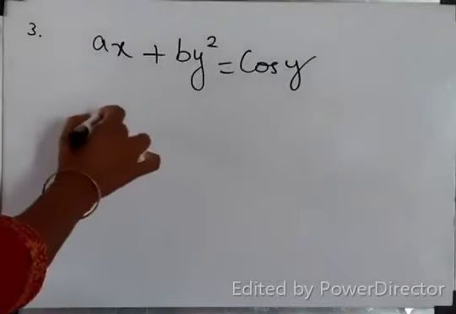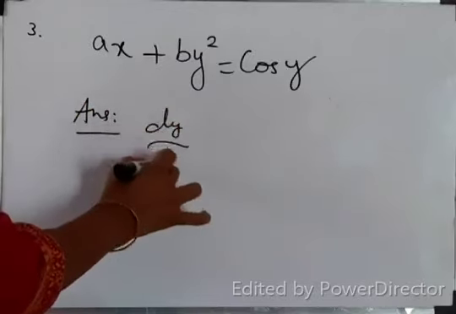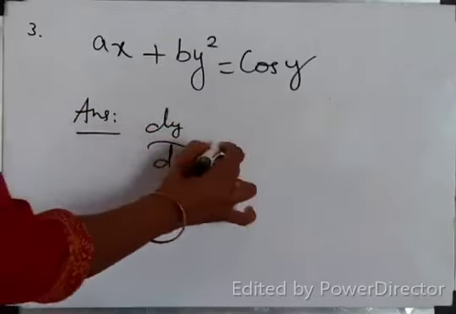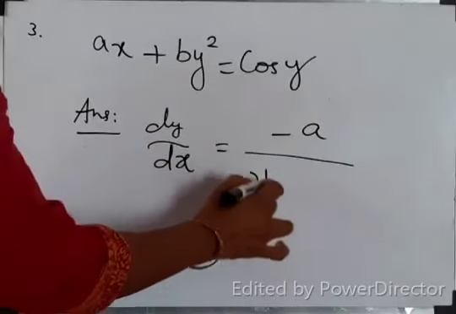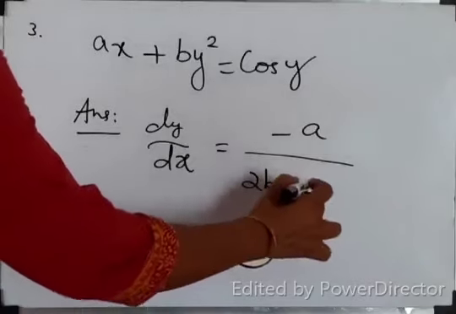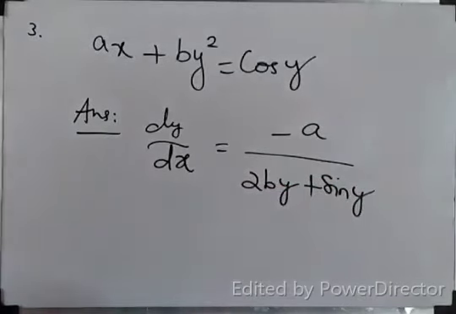The answer is dy by dx equal to minus a by (2by plus sin y). Okay.